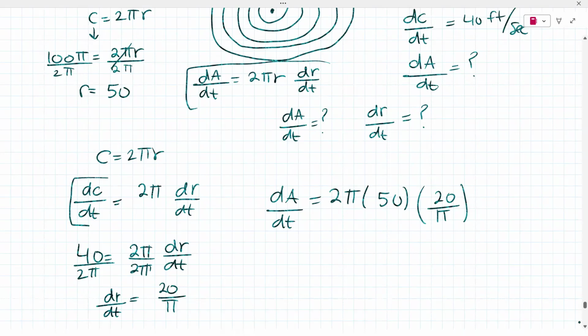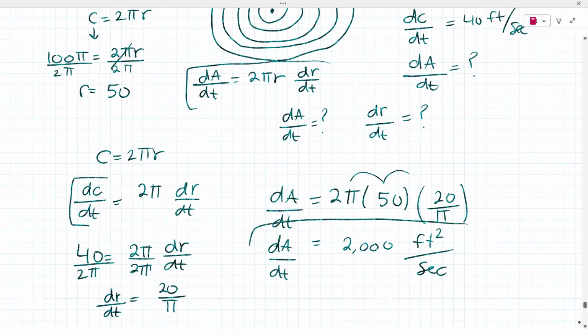Yes, dr/dt is 20 over pi. So when you put it all together, you get 2 pi times 50 times 20 over pi. That's 2,000 feet squared per second. Okay, so that's right. That's it.